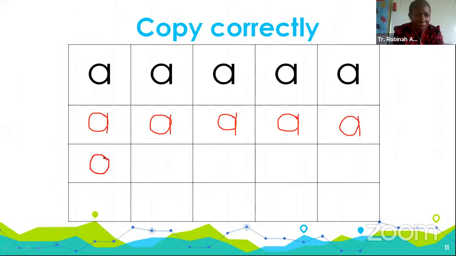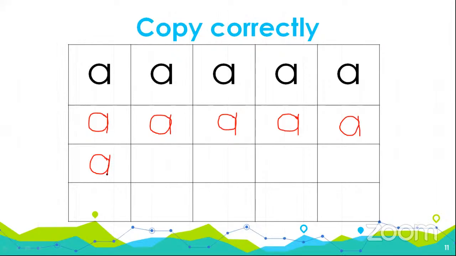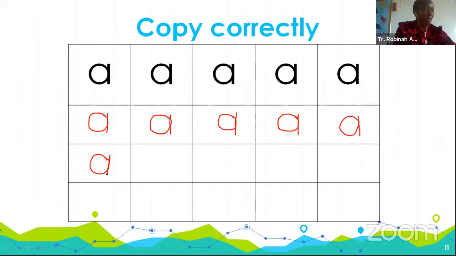You draw a ball. Teacher, I can't see you. But are you seeing the sound ah? No. Are you the only one who cannot see? But the rest are seeing me. Maybe you have a problem with your network.